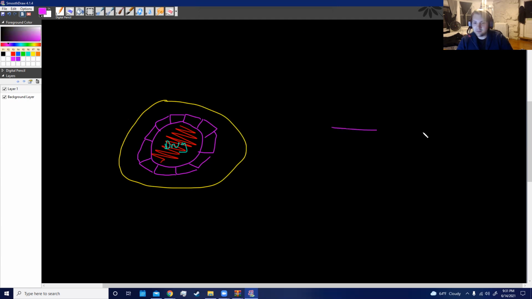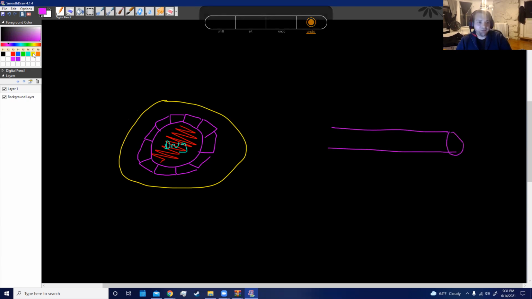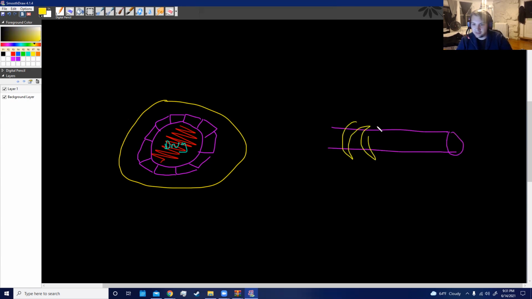Because if we look at the blood vessel from the side, it's this smooth muscle surrounding the blood vessel that will cause it to contract or relax. And so what happens is that our drug will come in and bind to the muscarinic receptor, whose downstream effect is that it produces this nitric oxide, which then stimulates the smooth muscle.